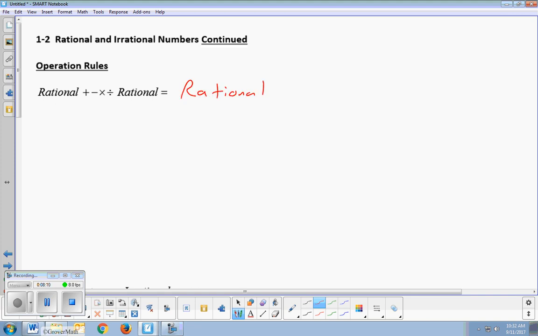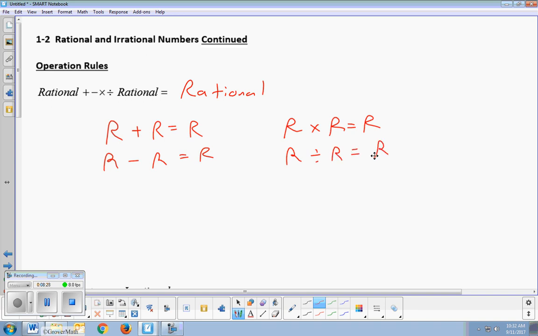And so what we're saying is that a rational plus a rational number is always rational. A rational minus a rational number is always rational. A rational times rational, always rational. And a rational divided by a rational is always rational, except there is one exception here. Again, we can't divide by 0.